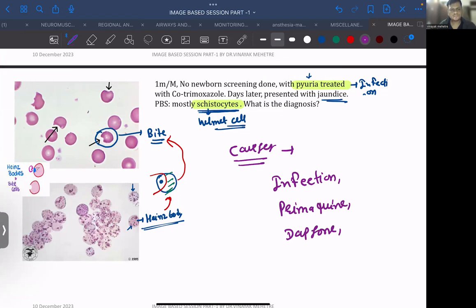Dapsone and one toxin, that is fava bean. You can remember by the mnemonic IPD. IPD follow. है ना, OPD IPD होता है, so IPD follow. These are the causes for G6PD deficiency.